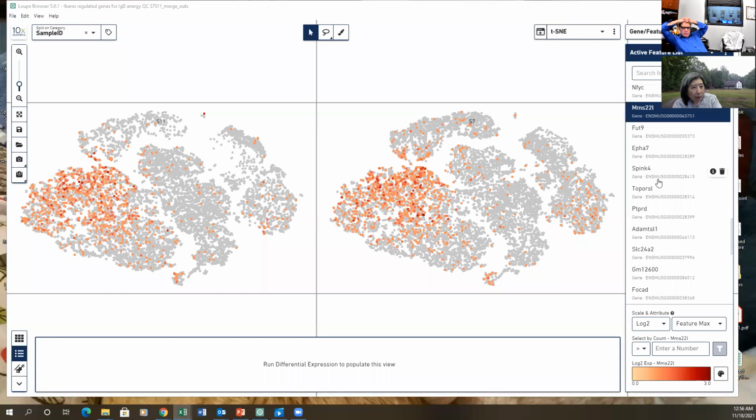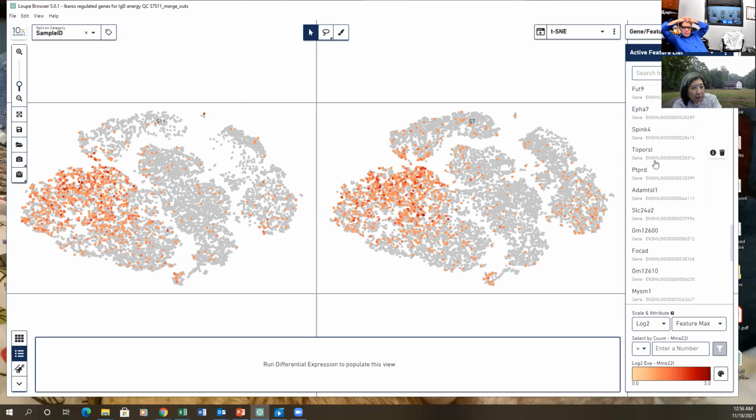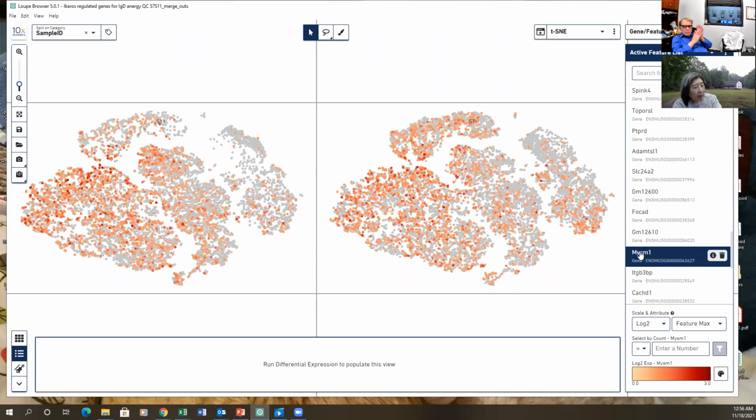So where's MYSM1? Oh, here. Okay, so MYSM1. All right, so you can see this is transitional and this is knockout. This is wild type. So knockout does have more than the wild type.